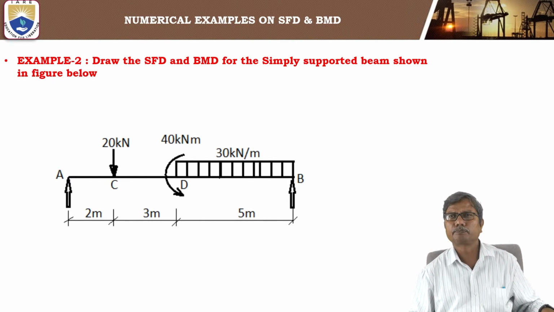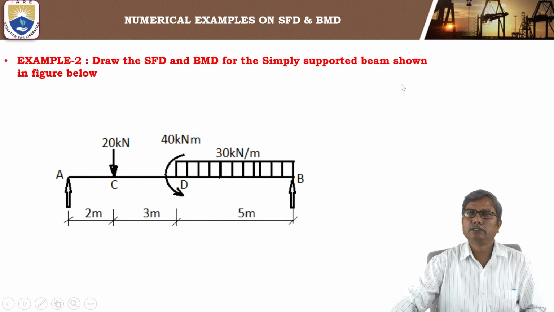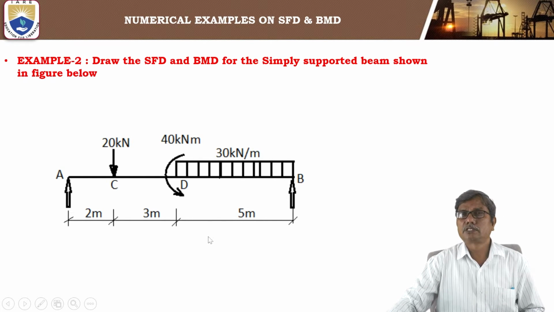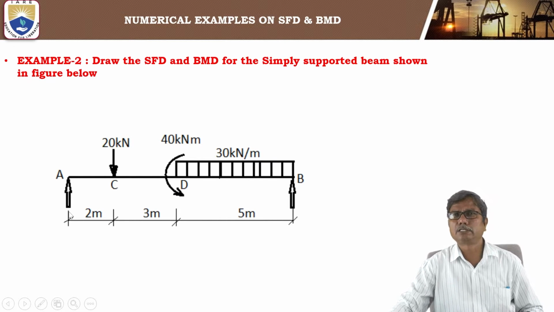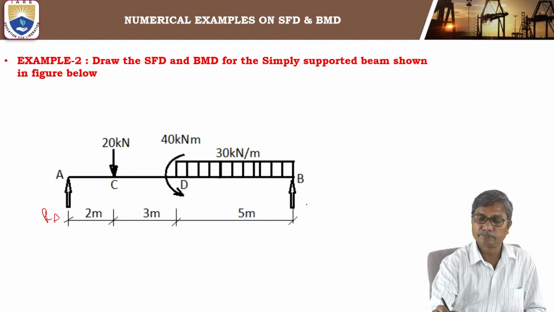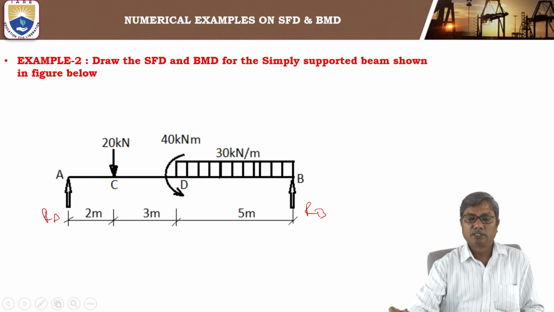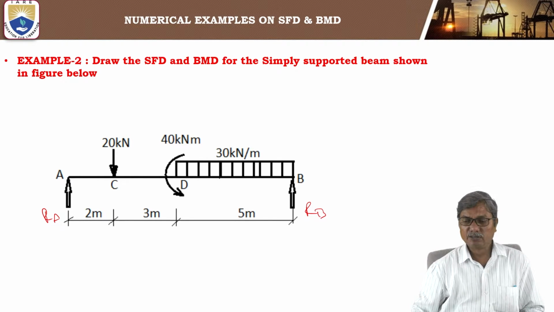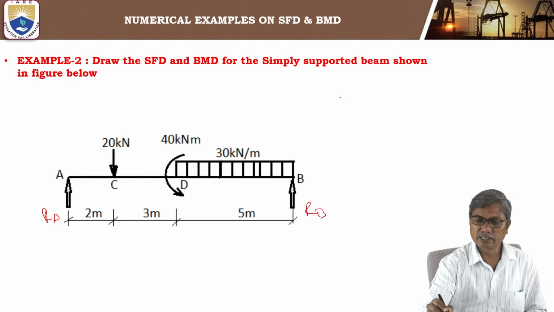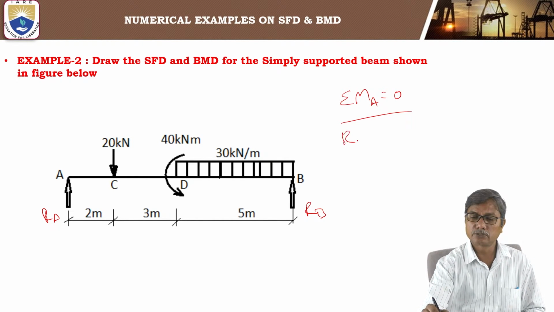So here the procedure is the same. The first step is to calculate the reactions RA and RB, for which we take moments about A, sigma MA equal to 0, which gives RB.